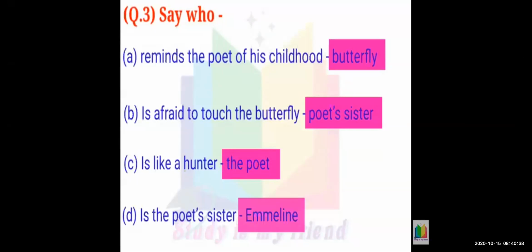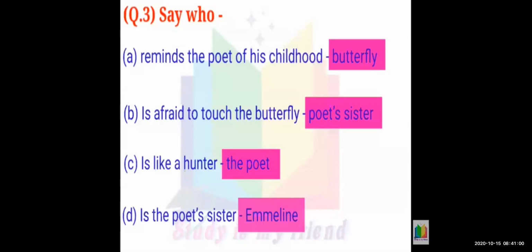Second, it's afraid to touch the butterfly. Here, poet's sister. कवीची बहीण, त्या फुलपाखराला स्पर्श करायला घाबरत होती.